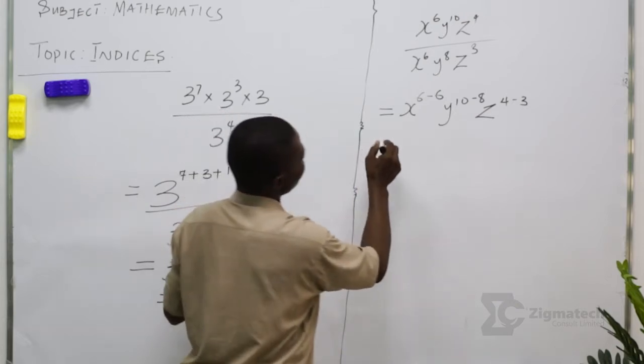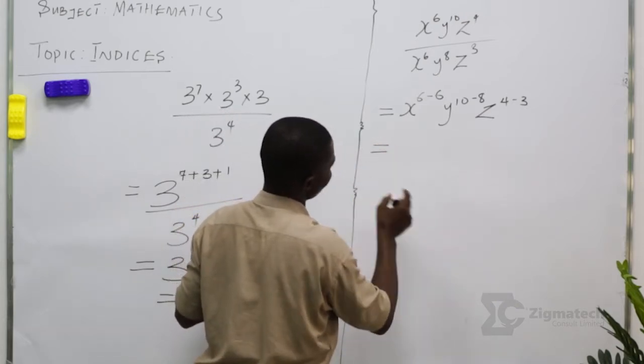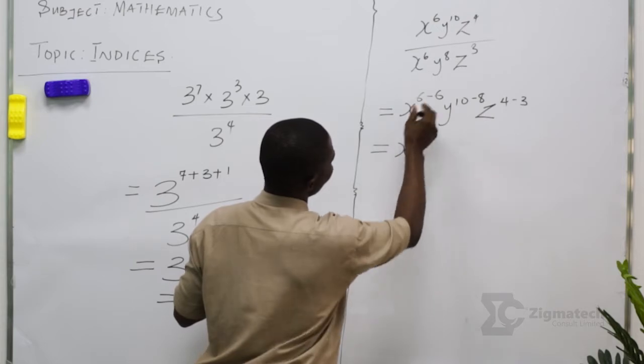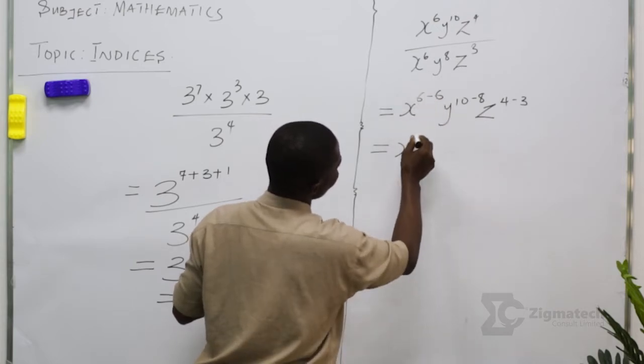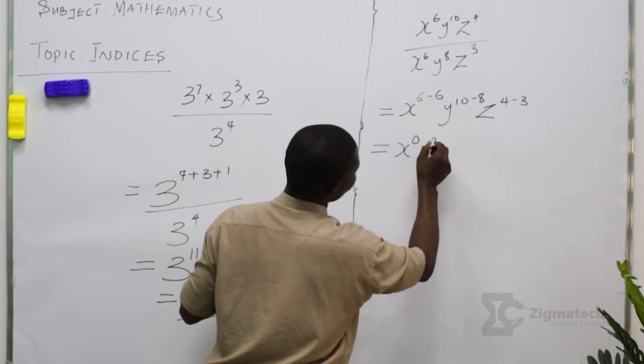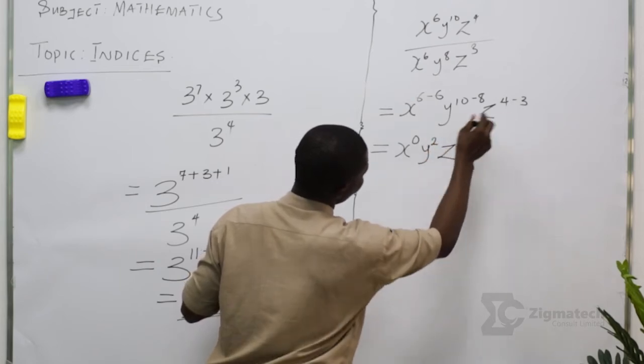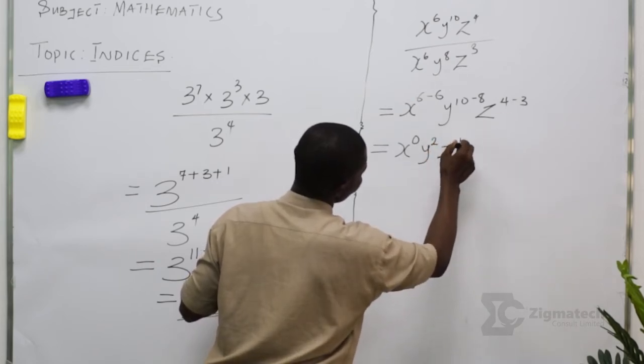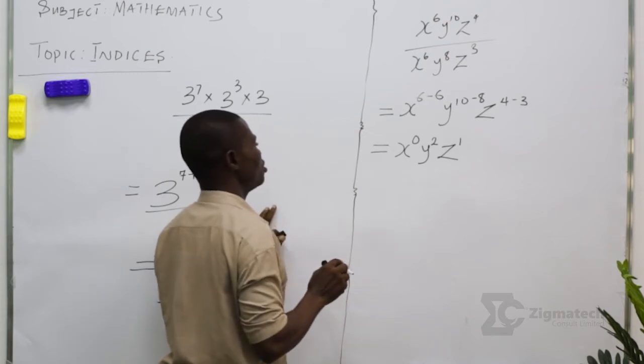Subtraction. Now, putting everything together, x raised to the power 6 minus 6 means 0. Y raised to the power 10 minus 8 means 2. Z raised to the power 4 minus 3 means z power 1.